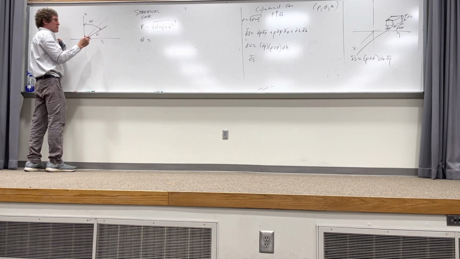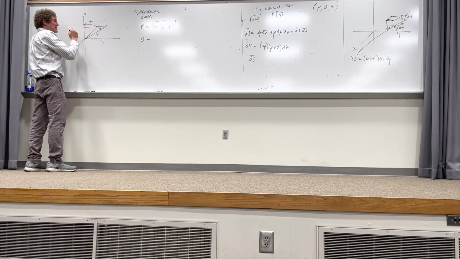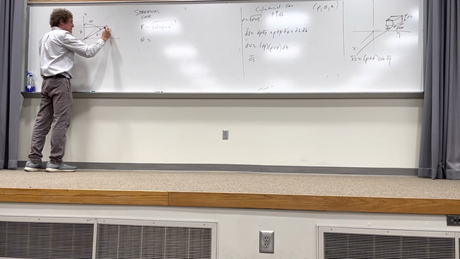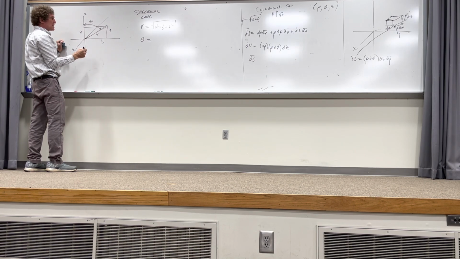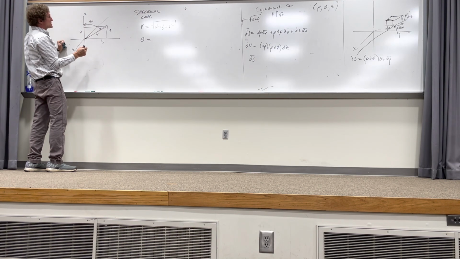And you can get this a couple ways. If you wanted theta, since this is z, you could do it as opposite over hypotenuse. Let's see here, what's the easiest way?